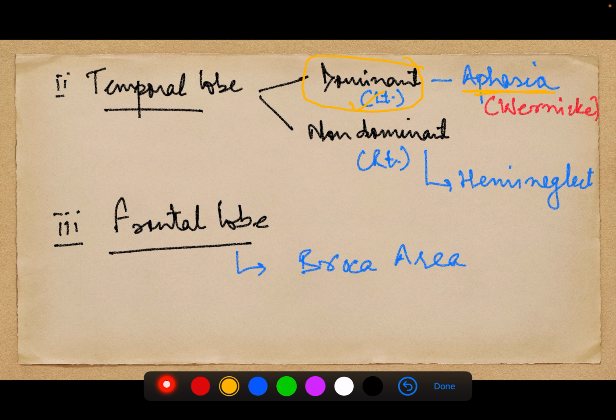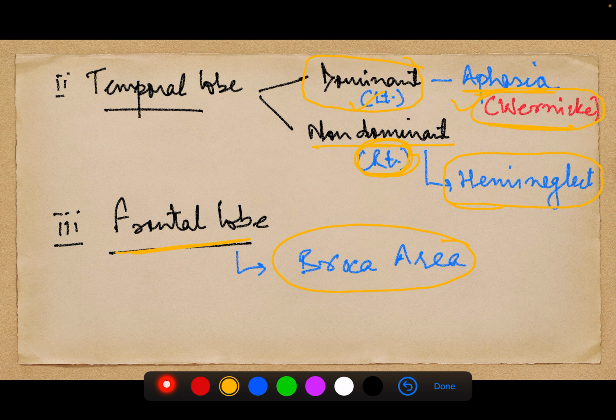And if we recall, the temporal lobe is where Wernicke's area is located, so there will be Wernicke aphasia. If the non-dominant, right-sided middle cerebral artery is affected, then a lesion on the right temporal lobe will result in hemi-neglect. And within the frontal lobe, Broca's area is affected.